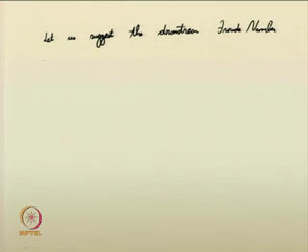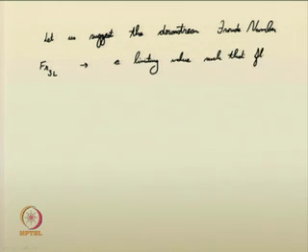Let us suggest the downstream flow Froude number Fr3L, a limiting value, such that the flow in the obstruction is critical.